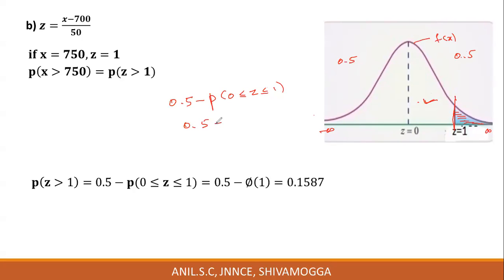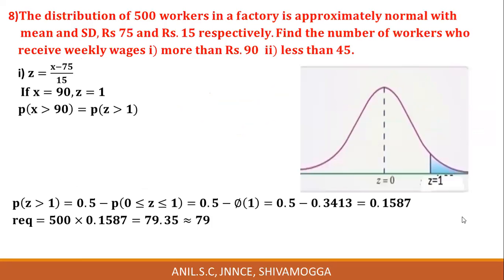Therefore, this is 0.5 minus phi of 1, which will be 0.1587. Phi of 1 is obtained by using the table. Phi of 1 is 0.3413.